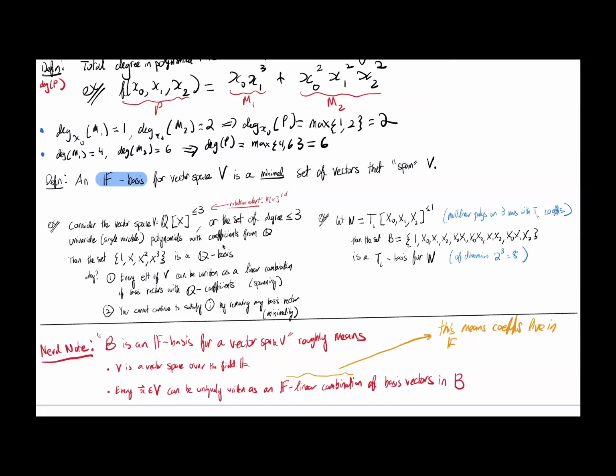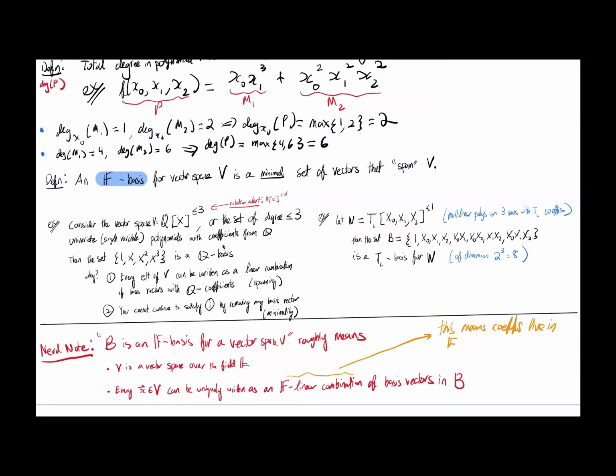Another example of a vector space is the set of multilinear polynomials on, let's say, 3 variables with coefficients from T iota. So now I'm using some more notation because I'm trying to get you comfortable with Binius notation. T iota is a field. It's specifically the iota tower field, and our tower fields are binary tower fields.